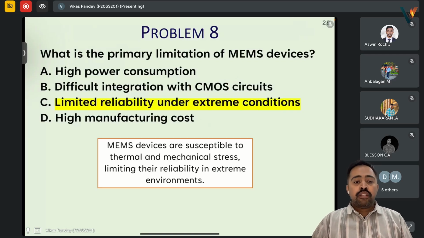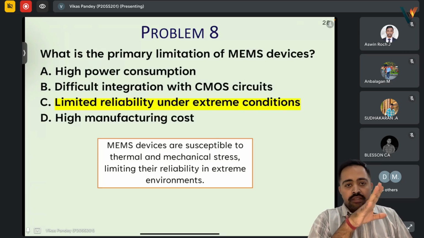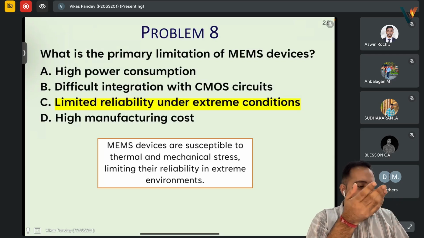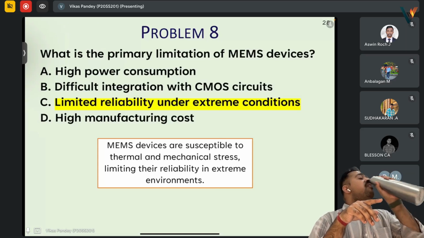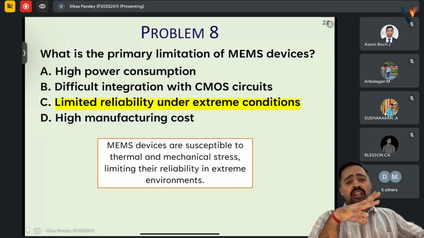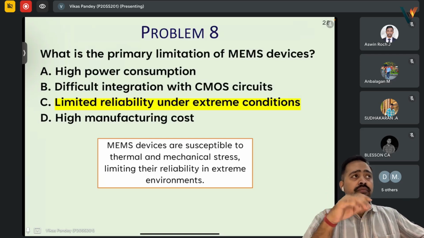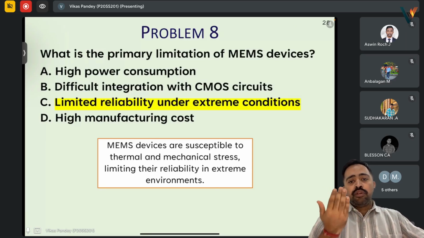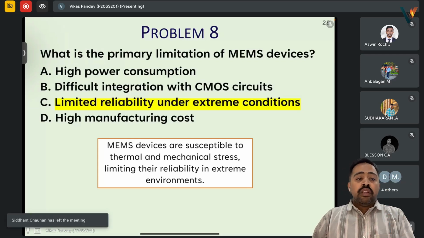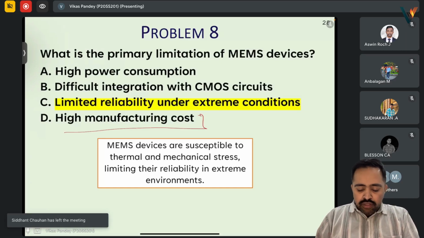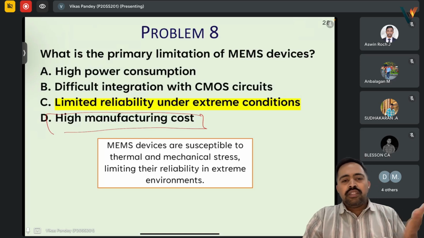So the problem with these MEMS devices is mostly because they are actually made in silicon. They are not able to work reliably under extreme conditions. Like I showed, they are susceptible to bending, they are susceptible to traps and all. The manufacturing cost someone was talking about is taken care of due to semiconductor manufacturing.